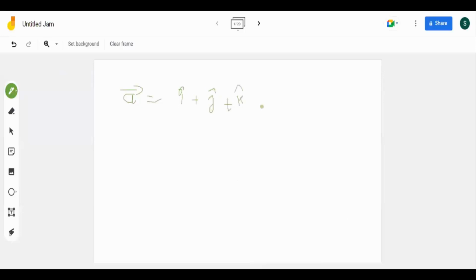Its magnitude is root 3 as we calculated now. I will take another vector which I need to make different. I will not change the coefficients, but I will change the direction: i cap minus j cap minus k cap. If you calculate its magnitude, using x square plus y square plus z square, it will again come out to root 3. So they are two different vectors having the same magnitude.